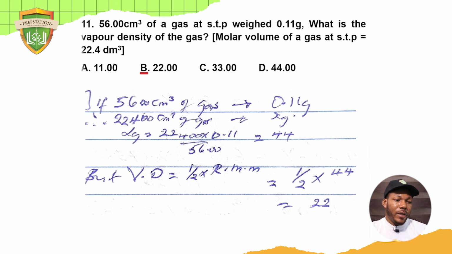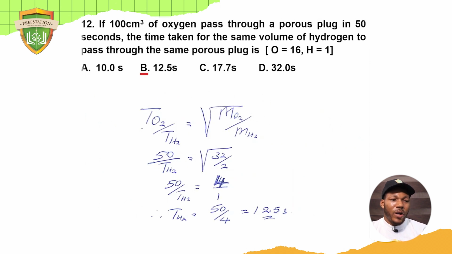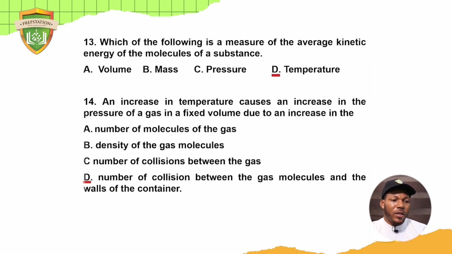Before we get to that, note that this law is very simple, and when I come back I will move to the next topic. Look at the screen very well. I've provided solutions to all the questions here, and the answers I've identified. This is under Graham's law of diffusion. Take your time, study it, pause the slide, look at the question, and look at how it is solved. Then this one is very simple.